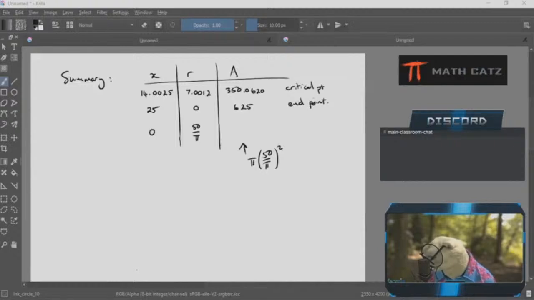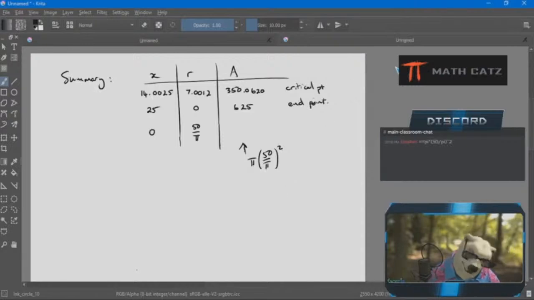But it's simple enough. I know I don't need to. 50 divided by pi, bracket, and then a square, pi times 50 divided by pi bracket squared. MathBot would be really nice if you work with me just this once. I appreciate it.